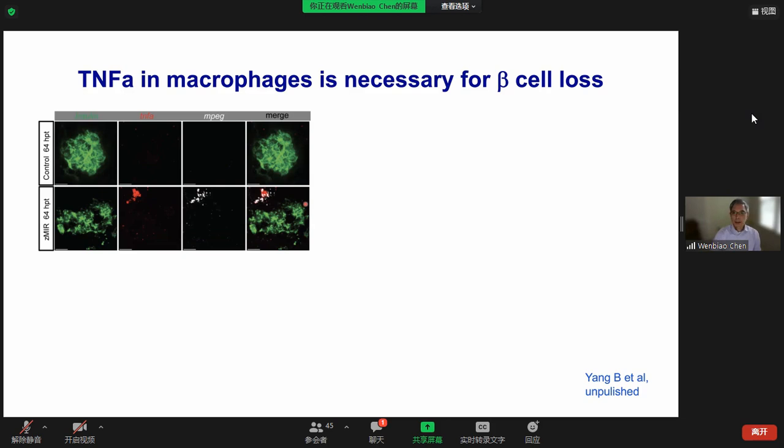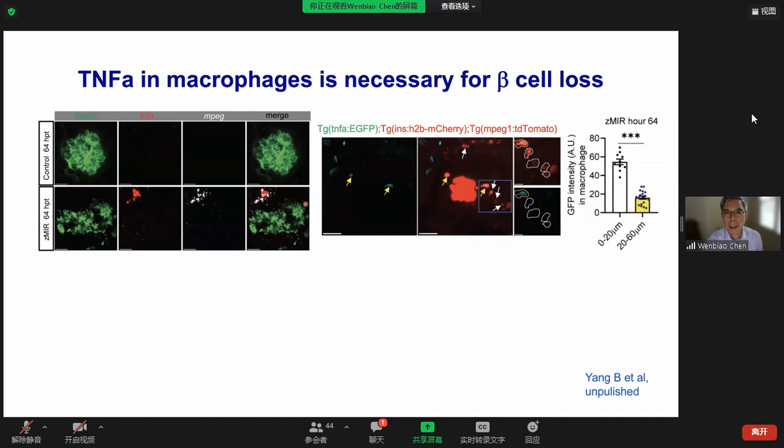In addition, using a different approach, a transgenic line that reports TNF-alpha expression using a TNF-alpha promoter-driven EGFP line, we also show that macrophages nearby the islet, as shown here, marked as grabbed here as well, have higher expression of EGFP, but the macrophages farther away do not have detectable EGFP expression.